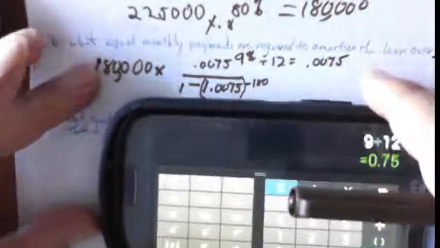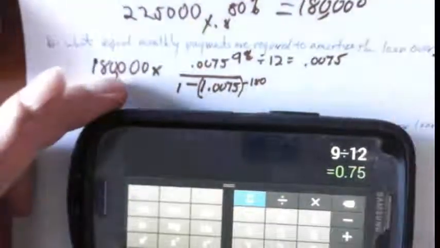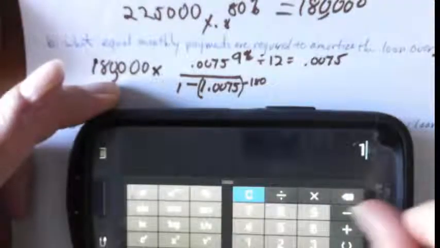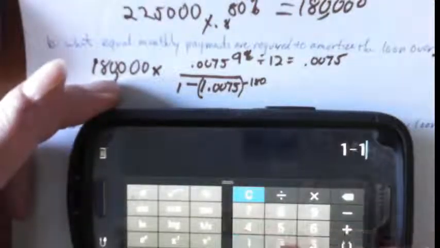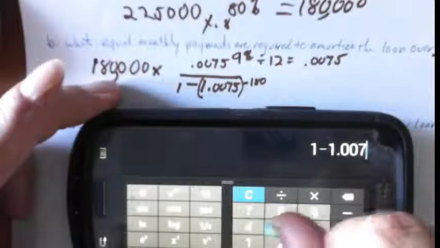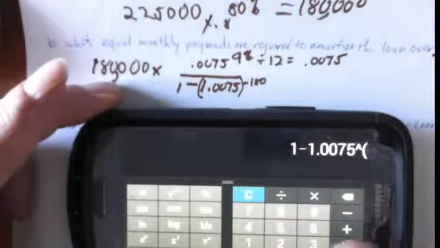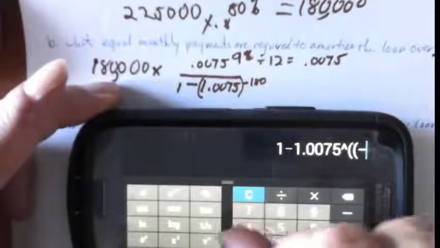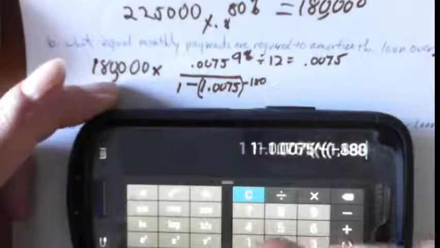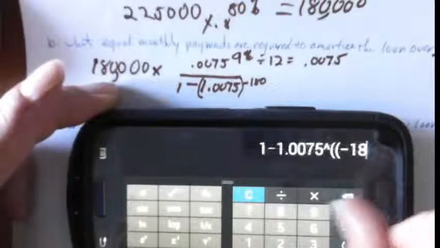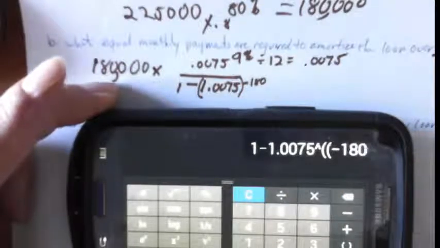All right, so 1 minus 1.0075 y to the x, right? Negative 180. There we go.